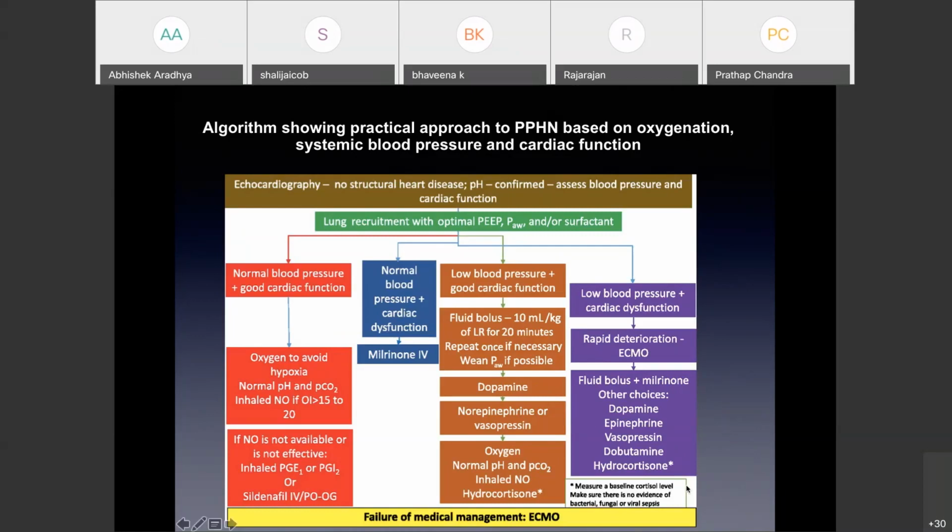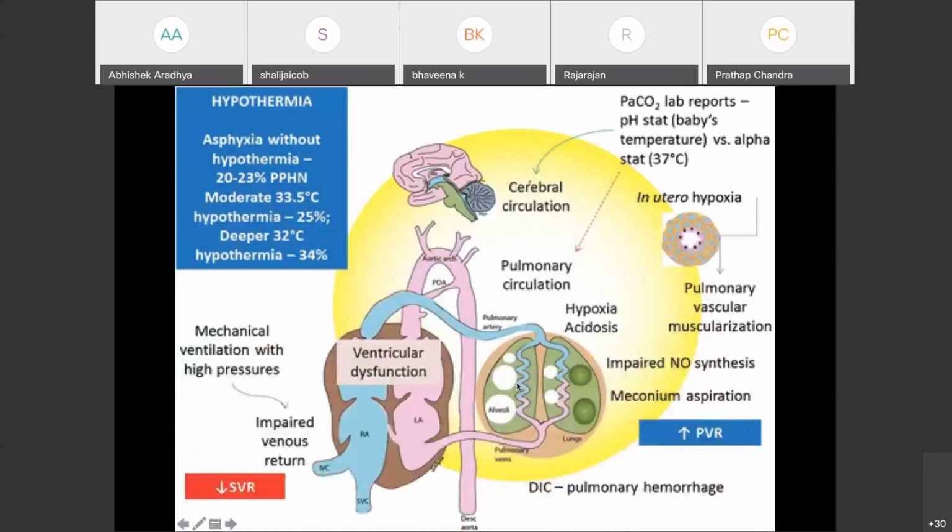Right? Moving on. This slide depicts what happens in hypothermia. I won't dwell too much into this. Hypothermia on the left upper quadrant, if you see, asphyxia without even hypothermia in itself can cause pulmonary hypertension in almost 25% of the cases. However, if your hypothermia is very severe or deeper, your chances of developing pulmonary hypertension is more than 30%, right?